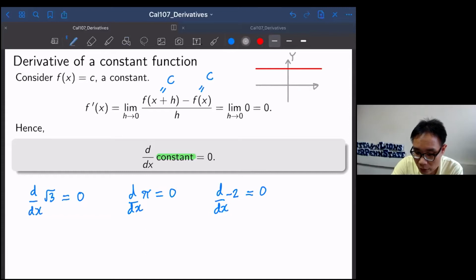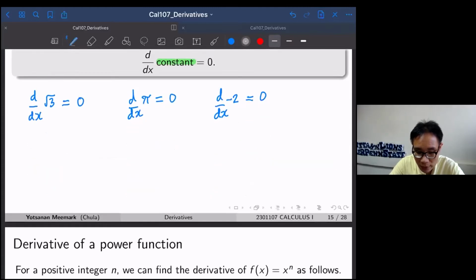You get the constant function c, and you see that the slope of the tangent line to this line turns out to be just 0 all the time. So there's not going to be any change in y at all. This is what it means to have the derivative equal to 0. It is constant. Okay, so the derivative of a constant is equal to 0.